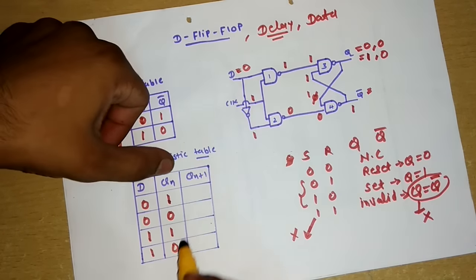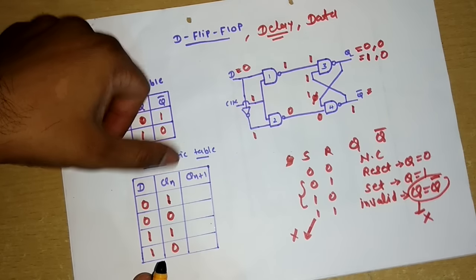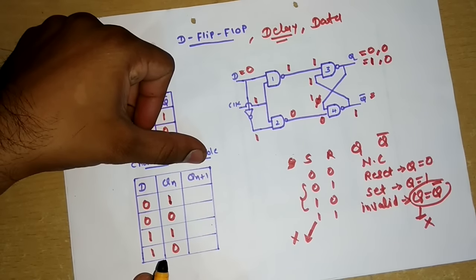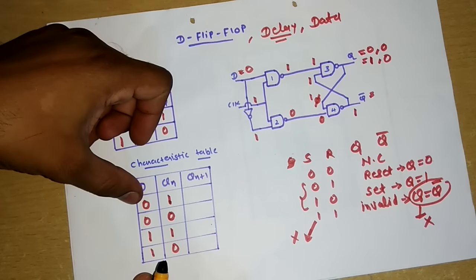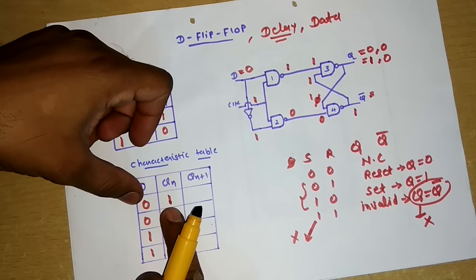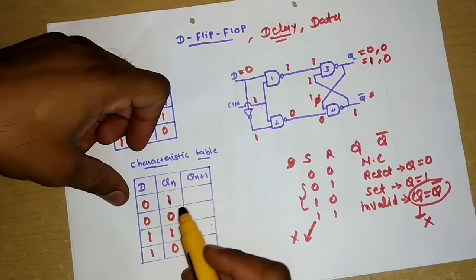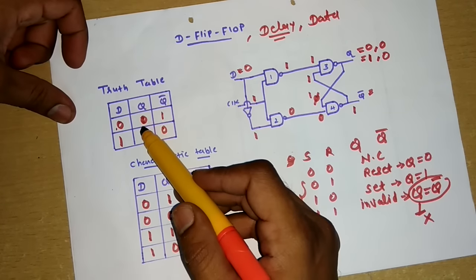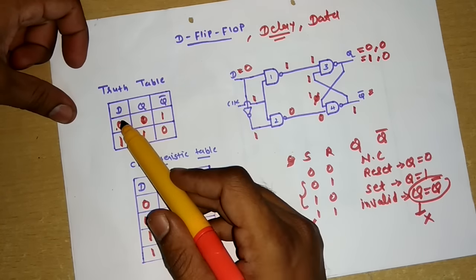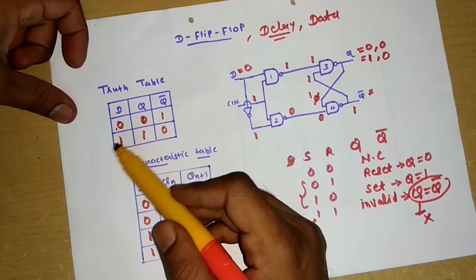Fine. So if this is your present state, and this is your next state, right? What will be the next state? But we know from the truth table that whatever input you apply, the same output you are getting.